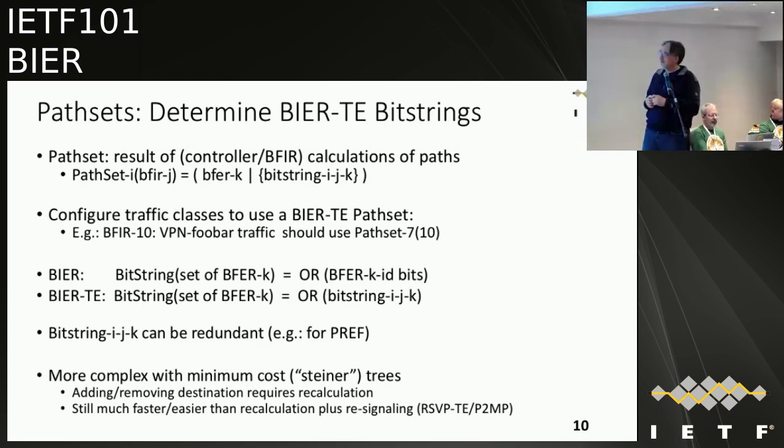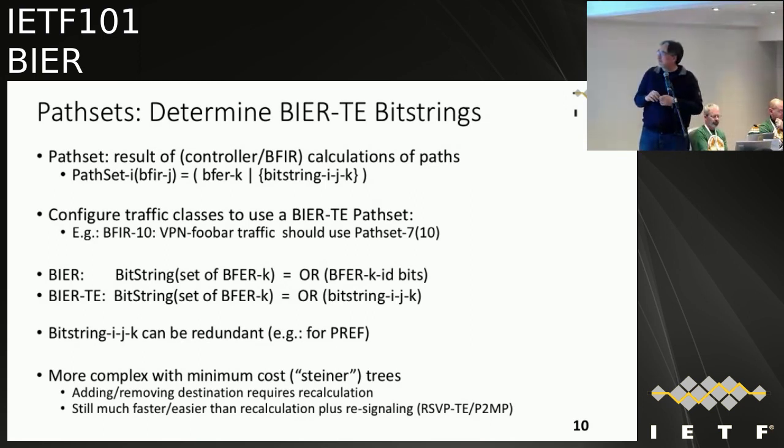The equivalent in BIER-TE would be somebody calculates for every receiver a bit string, and you just OR them together for the list of receivers you want. Every bit string indicates a path, so if you have multiple receivers and you OR the paths to them, you get your distribution in the network across your traffic engineered paths.